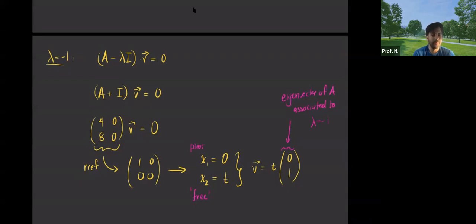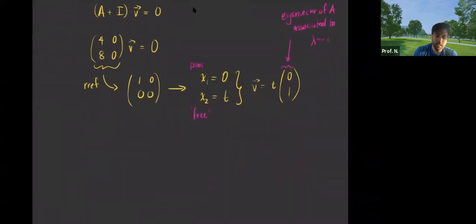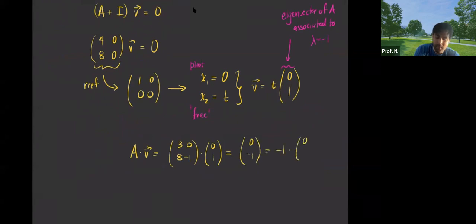So we found them. Let's look at this. What if I multiply A times my vector? So this is 3, 0, this is 8, -1. What if I multiply this by 0, 1? What would I get? 0, -1. Isn't this -1 times 0, 1?